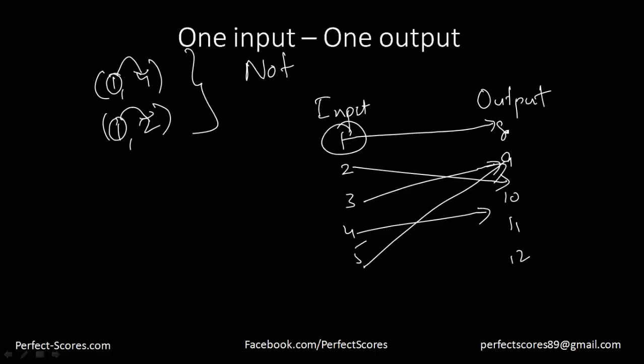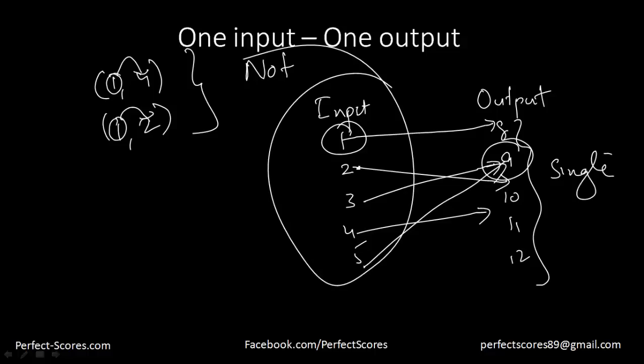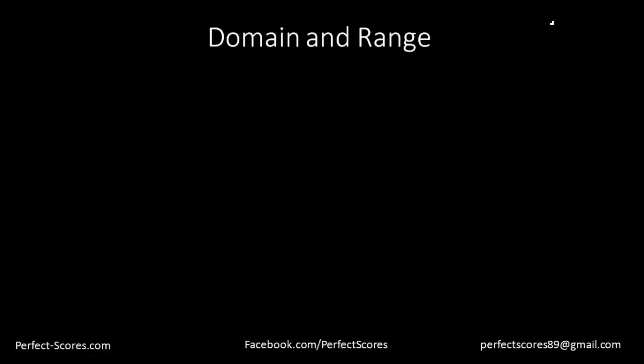One input has to be associated with a single output. However, an output can be associated with multiple inputs. Then only that function is going to be a valid function. That is when it passes the vertical line test. So I hope you're able to understand what I'm trying to say here, guys. Let's move forward to the next part.